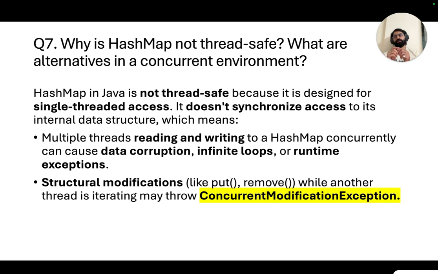So again, the interviewer may ask you what is ConcurrentModificationException. It is an exception that comes at runtime when you are using a HashMap in a multi-threaded environment. It means if you are iterating a HashMap and another thread comes and tries to modify your HashMap while it is being iterated, then it will throw a ConcurrentModificationException.